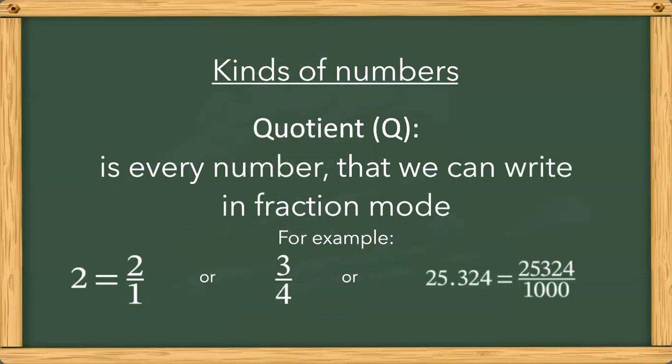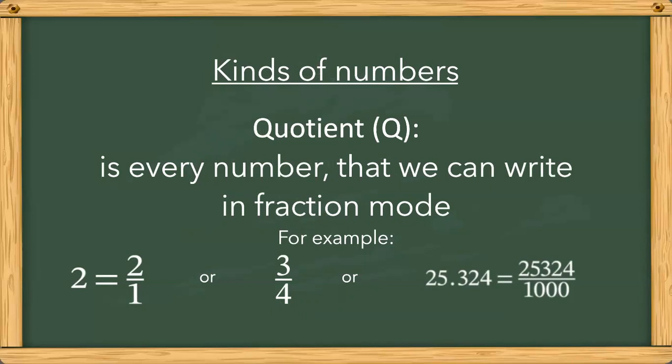Let's continue with the quotient numbers. The group of quotient numbers is symbolized by the capital letter Q. The quotient is every number that we can write in fraction mode. For example, number 2 is equal to the fraction with 2 in the numerator and 1 in the denominator, or the fraction 3/4.